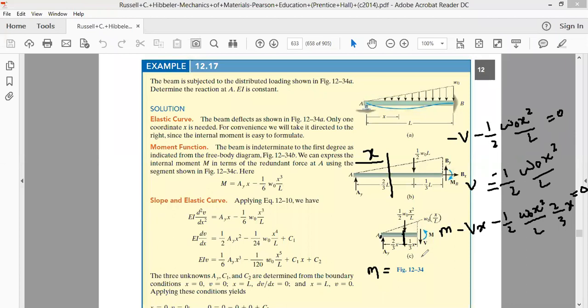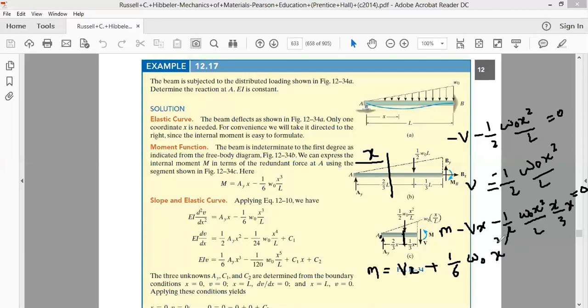Therefore, M becomes equal to V into x plus, the 2 and 2 cancel, 3 into 2 is 6, that is 1 by 6 W naught x cube by L, since x square into x becomes x cube.